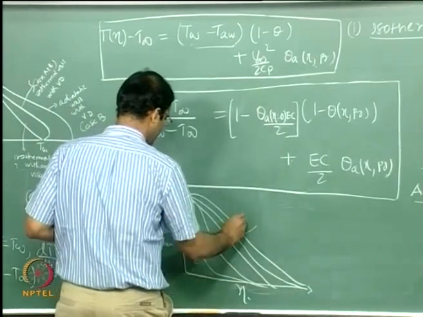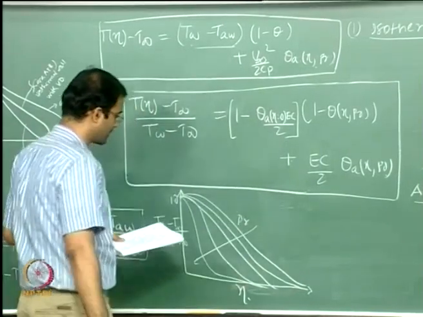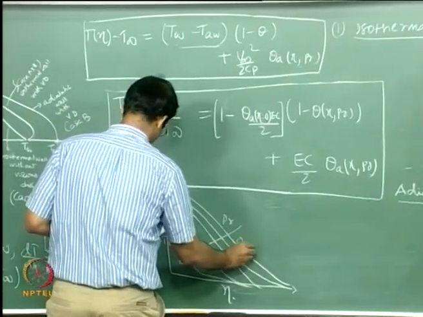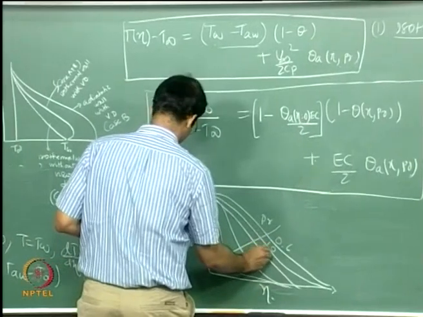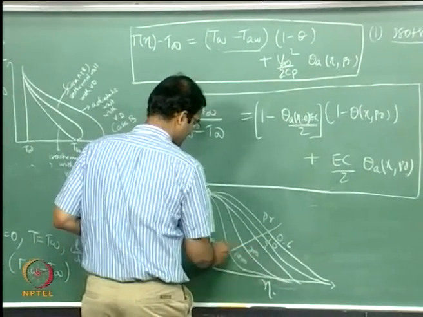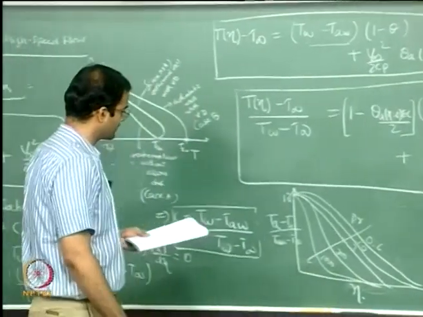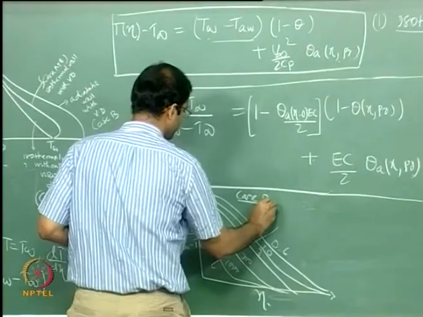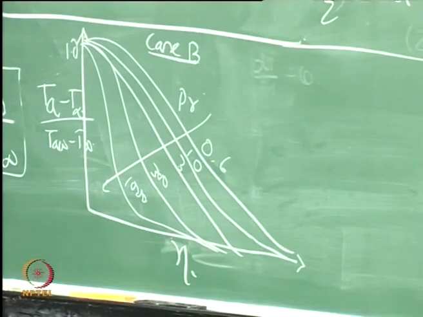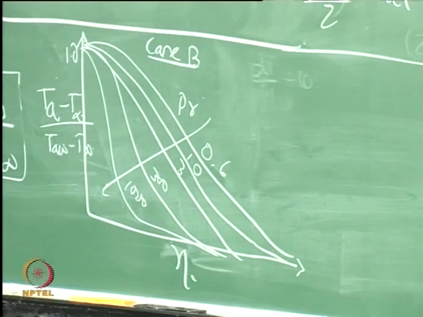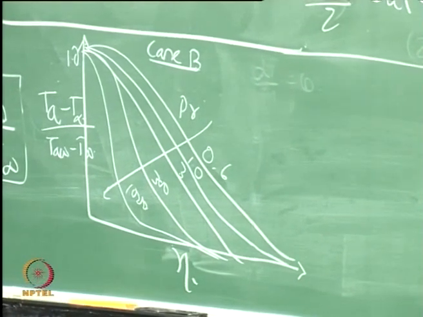So this is with increasing Prandtl number, your slope at the wall keeps increasing. This Prandtl number 0.6, 1, 3, this is like 300, this is like 1000. So this is your case B solution. That is only for the case with adiabatic boundary condition at the wall. This is how the non-dimensional temperature profile behaves.